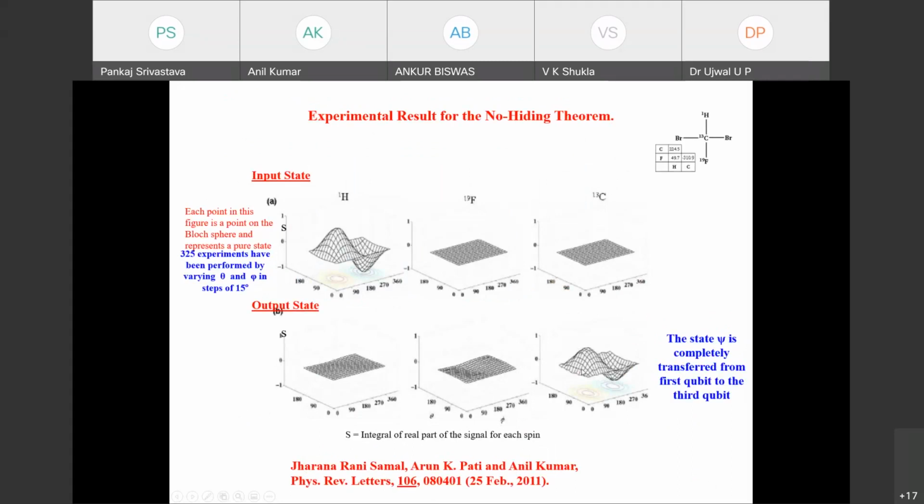And this is an experimental demonstration of a theoretical assertion of Arun Pati and Braunstein. A very beautiful experimental demonstration, and I'm very proud of this work by Jhata and Ashoka Joy.